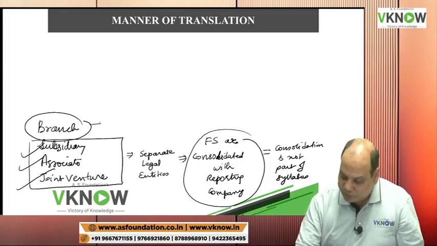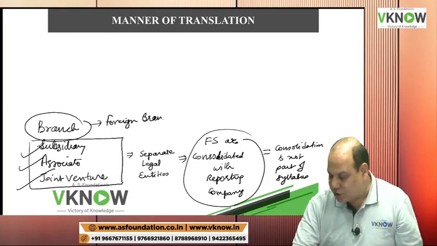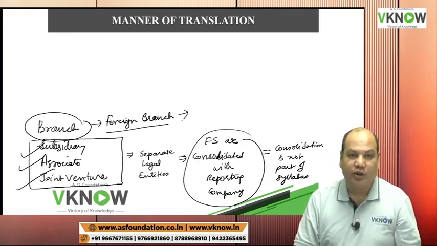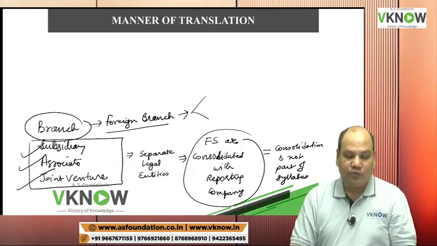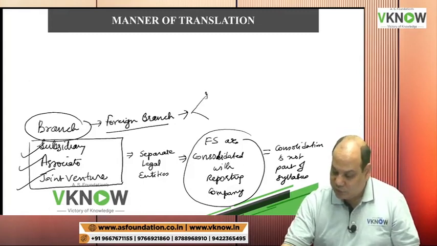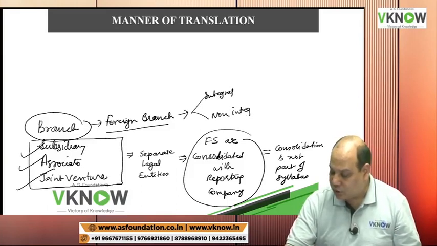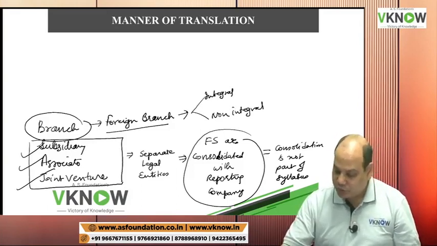However, branch is a part of your syllabus. There is a chapter also called foreign branch. Foreign branch means a branch outside India. And when you solve the question of foreign branches, you will have to first check whether it is an integral foreign branch or a non-integral foreign branch.